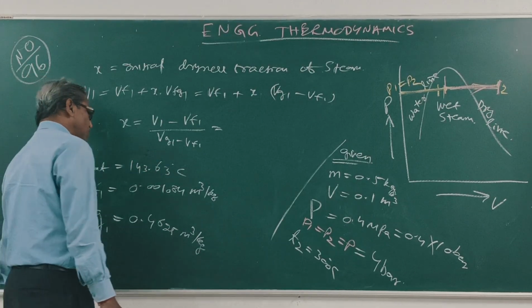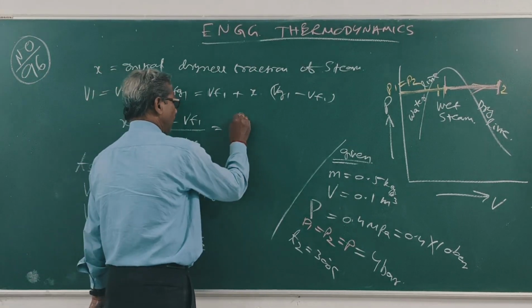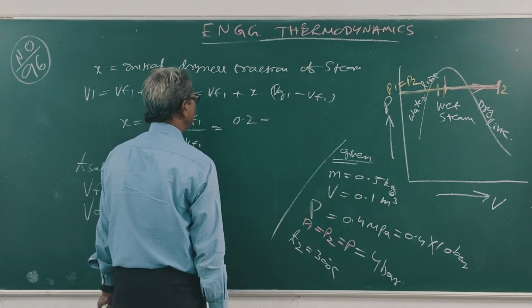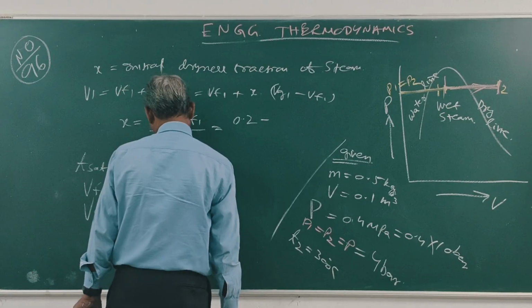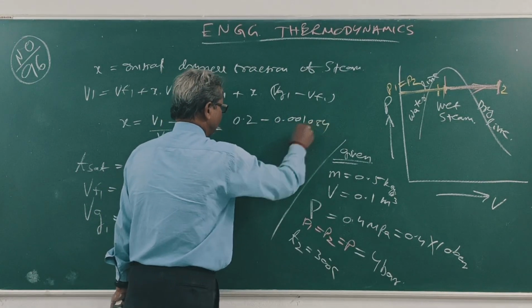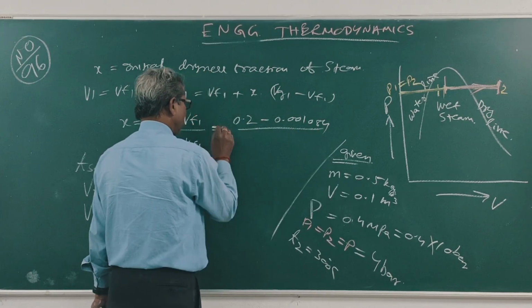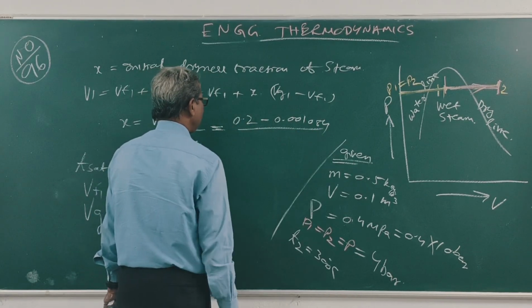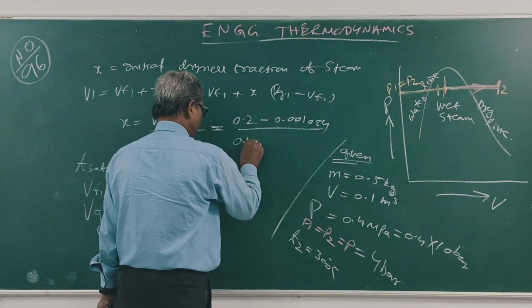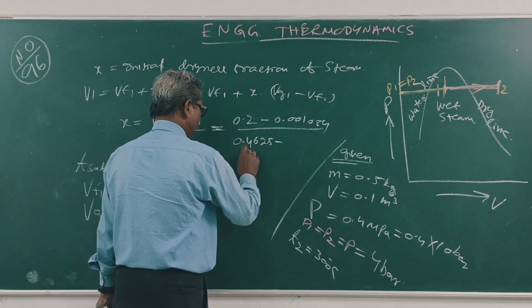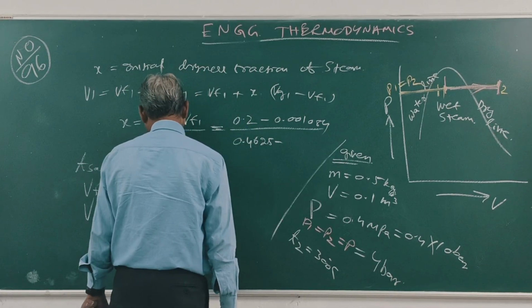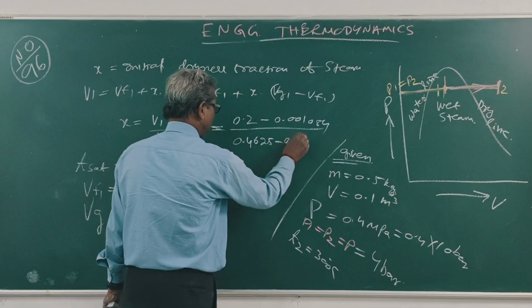Put values. What is v1? 0.2 minus vf1, 0.001084, by vg1, which is 0.4625, minus vf1, 0.001084.